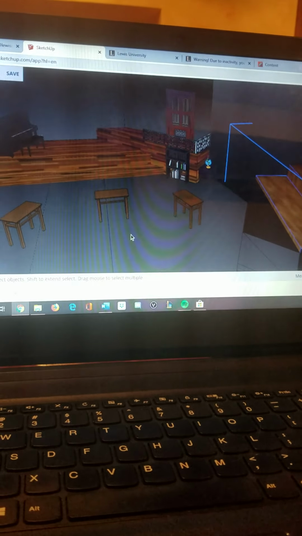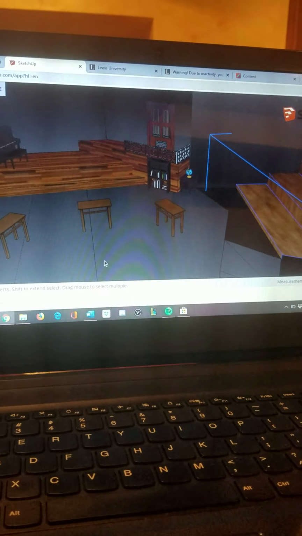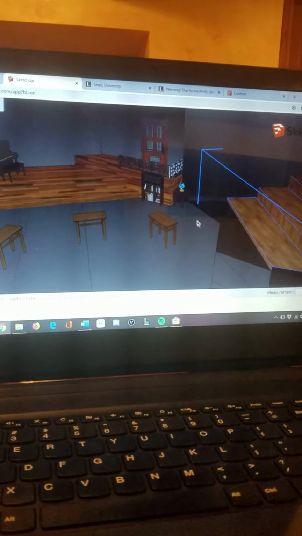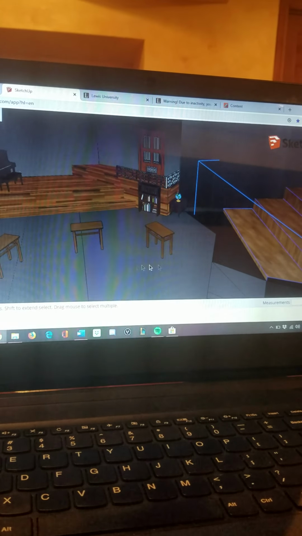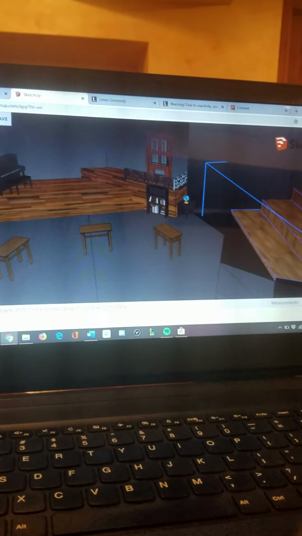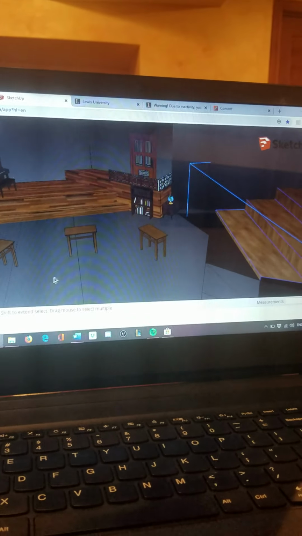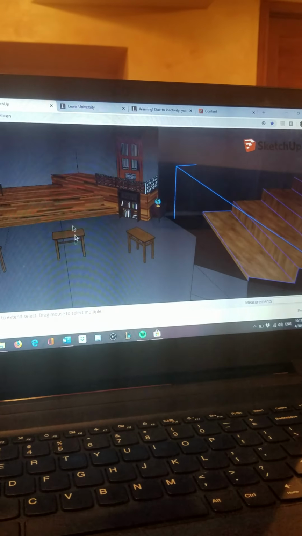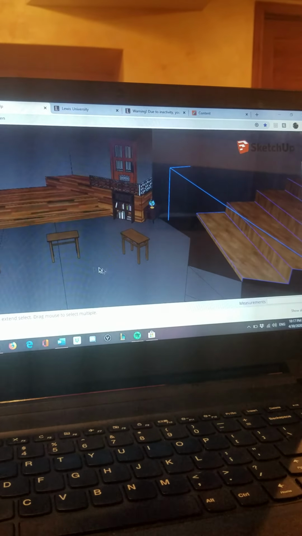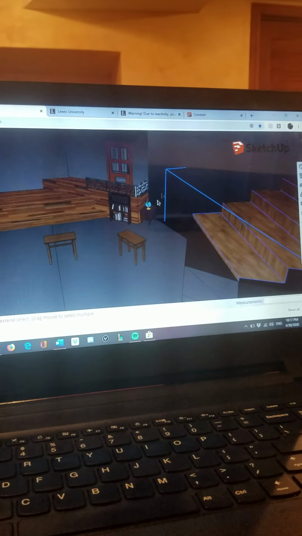So I think I would maybe just make it, in all honesty, a navy blue. I would make it a navy blue and try to make it look like, I don't know, tile or something like that. I just feel like the hardwood is taking so much from the main stage.